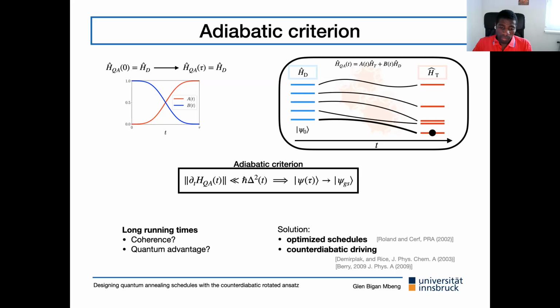And there is indeed an adiabatic criterion that says that the speed at which the Hamiltonian is changing should be a lot less than the gap squared.